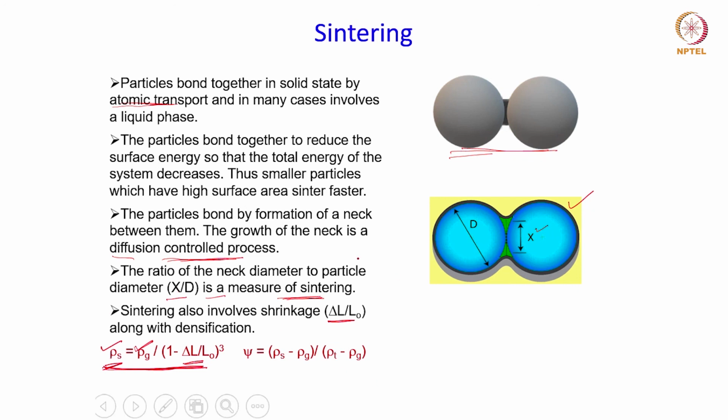And therefore the sintered density and the green density, that means the transformation of this compact from the green density towards the higher sintered density, is related to the shrinkage through this particular relationship over here. And then we defined a parameter called the densification parameter, which is related to the final density which has to be achieved at the end of the sintering process. So this is the densification parameter written as psi.